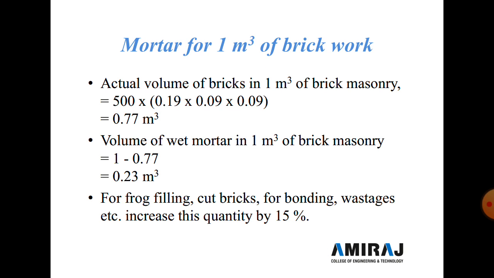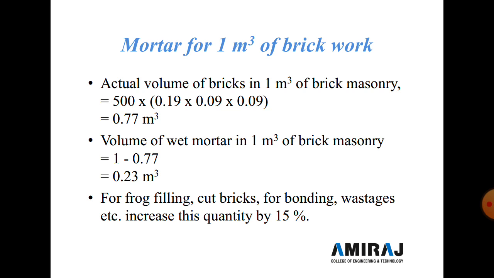Now next is the mortar for 1 meter cube brickwork. The actual volume of bricks in 1 meter cube brick masonry is 500 multiplied by 19 by 9 by 9, the standard size of the brick without mortar.